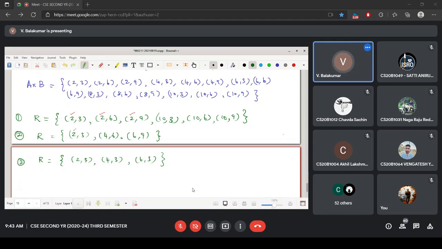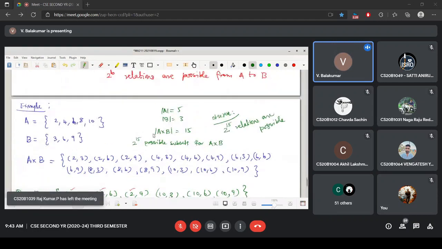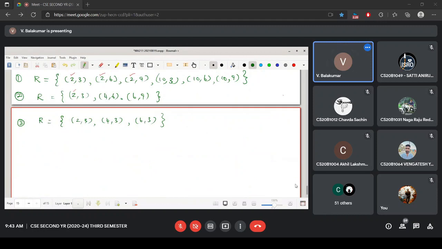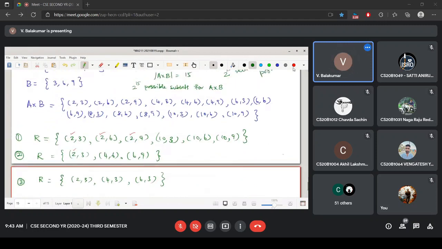What pattern is it? You take one element in the domain, it is associated with only one element in the codomain. I am using domain and codomain. Actually, it is first set and second set. This is actually referred to as a function.